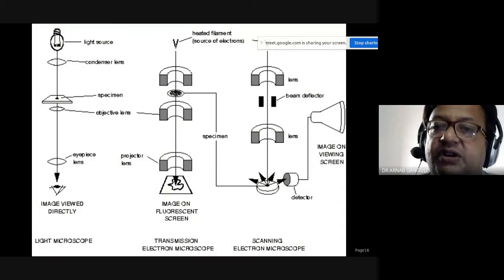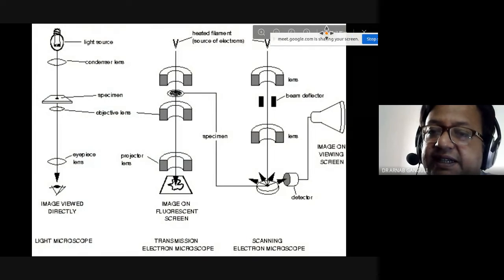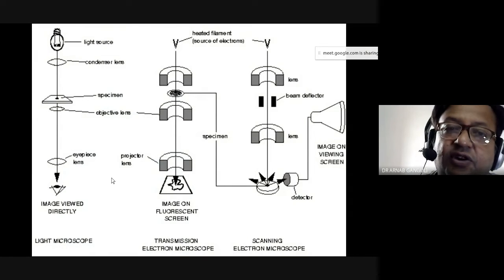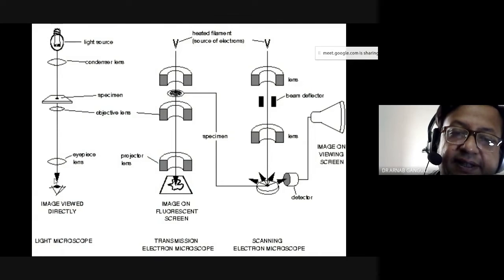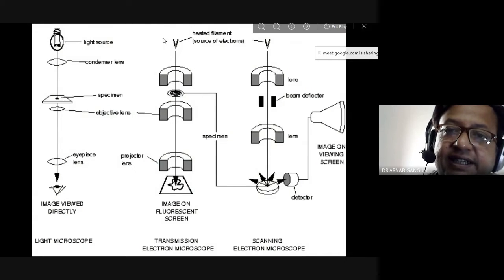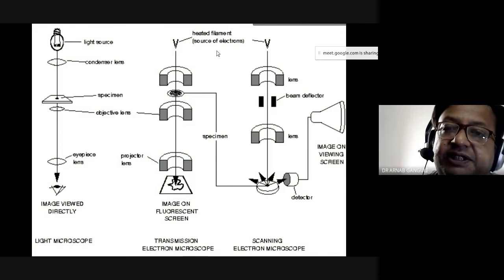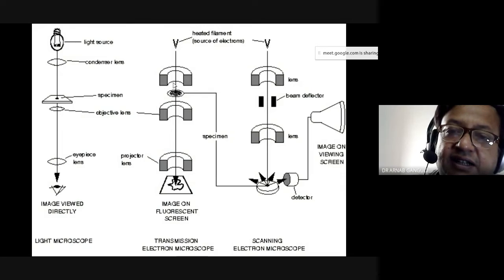So let us look at how this basically works. In the light microscope, you have the light source, condenser lens, specimen, objective, eyepiece, and you see it with the eyes. Here you have a heated filament, which is the source of electrons. You have an electromagnetic field that condenses this. Then the specimen is there.